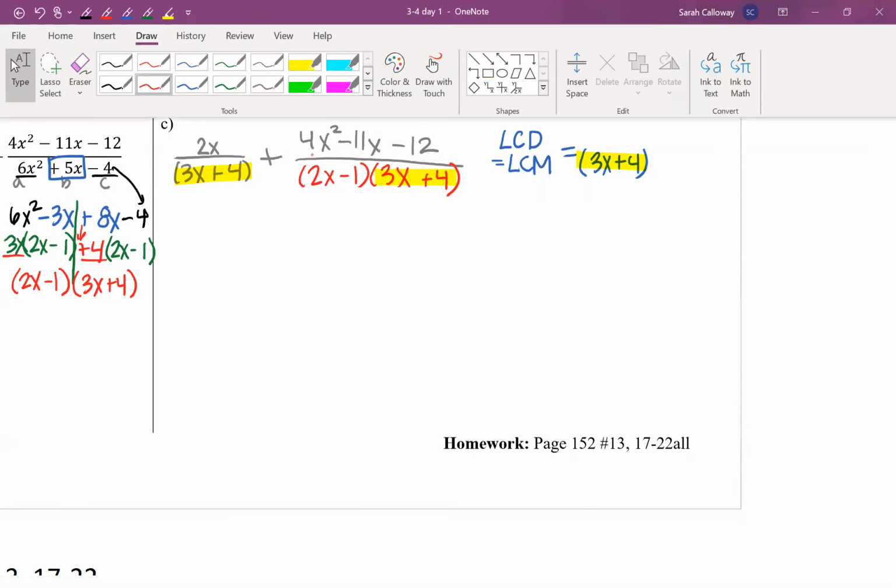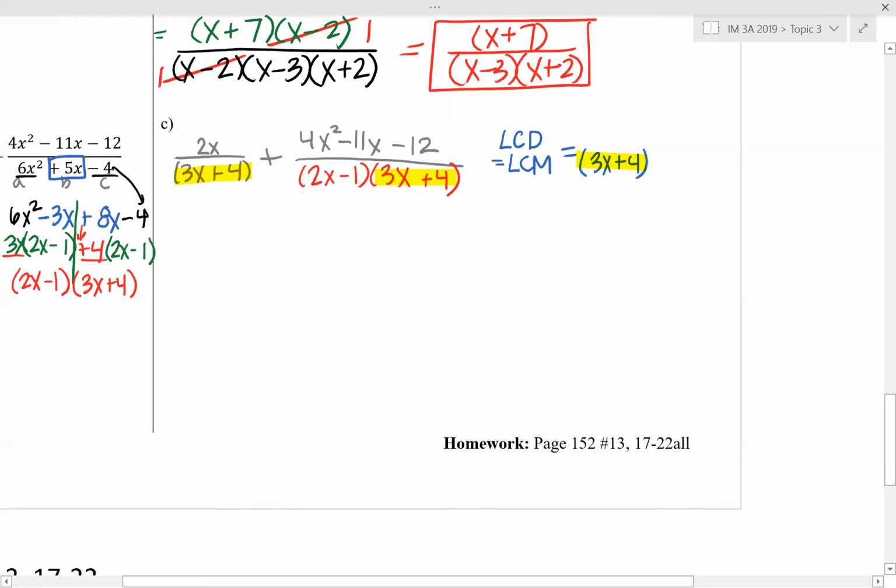Additionally, this one that we just factored has a factor of 2x minus 1. So that tells me that I need to have that in my common denominator because it appears in my second denominator. So looking at the first denominator, it only has the 3x plus 4.